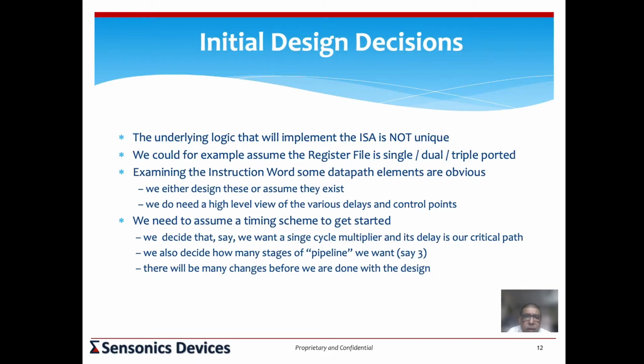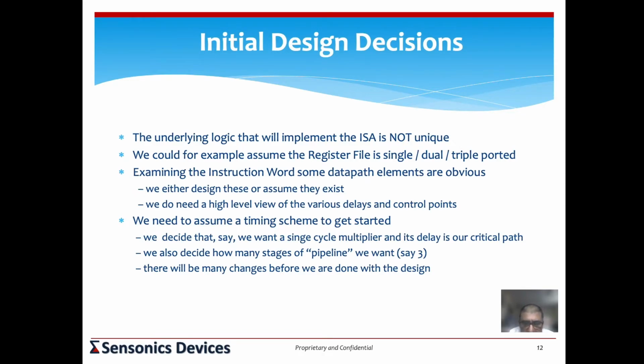As I had described earlier, we could assume that the register file is single, dual, or triple ported. You could even assume it has a much larger number of ports, with the way you set it up. The first thing that one does while looking at the instruction word is that you would find that some data path elements are obvious.